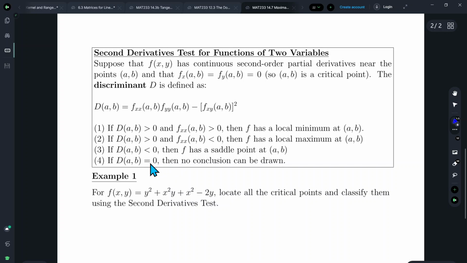In this last case, you could have a saddle point, a local maximum, a local minimum, or it could be something else altogether. So this will help us classify the type of critical points that we have.